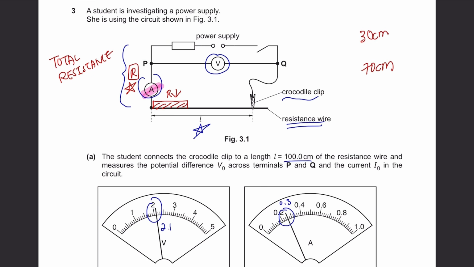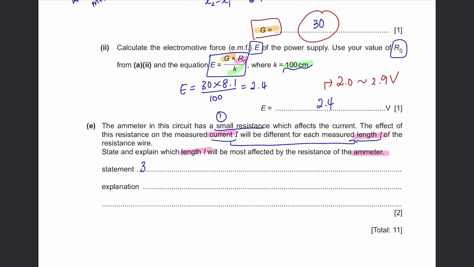Then the resistance of this wire will be very high, and the resistance of the ammeter this time will be too small compared to the resistance of the 70 cm wire, so it won't be really considered a big thing, and it won't be able to affect the resistance or the current in the resistance wire. Therefore, the answer is 30 cm. Reason: the ammeter will be forming a greater proportion of total resistance if the length of the resistance wire is shorter.